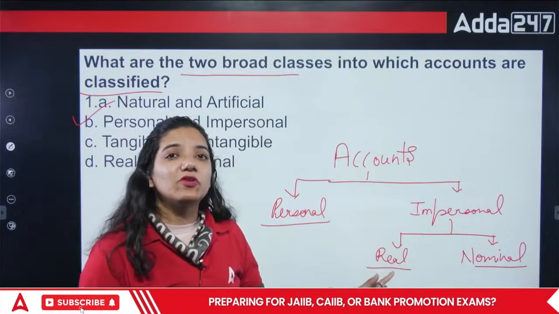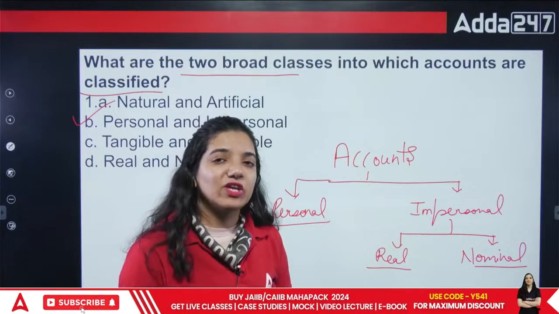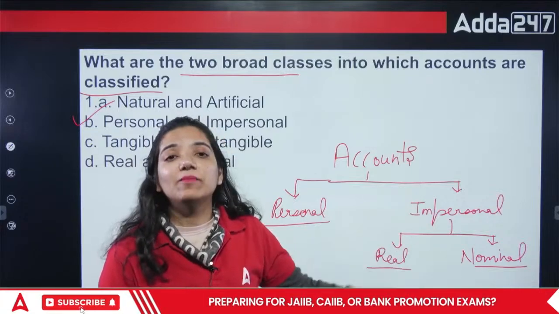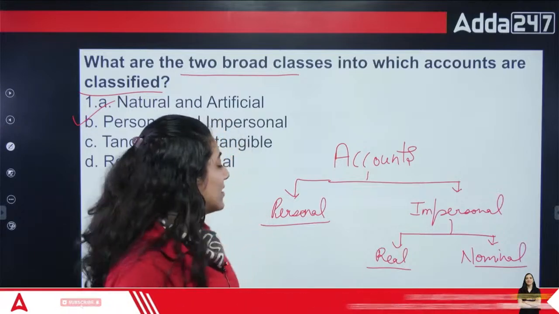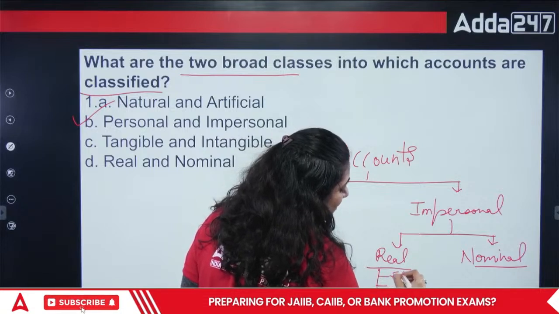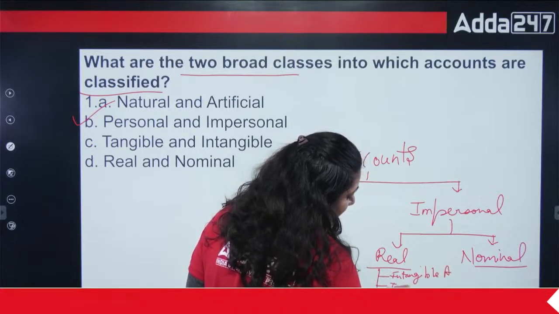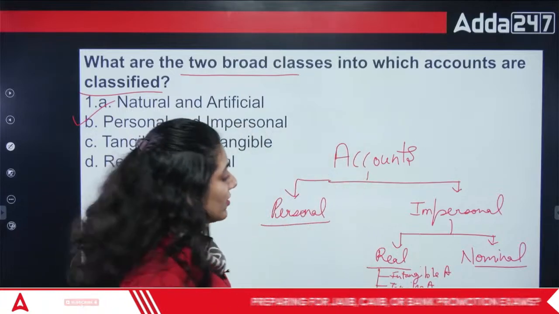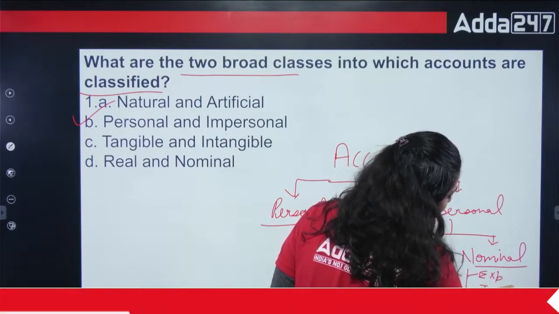Real means where we talk about tangibles and intangibles, the assets which we can touch and the assets which cannot be touched. Nominal takes up all the expenses and incomes of the organization. In real, we have intangible assets and tangible assets. When we talk about nominal, we have expenses and incomes.